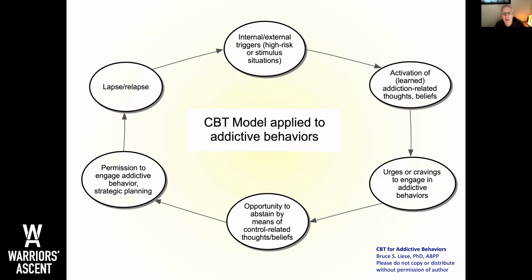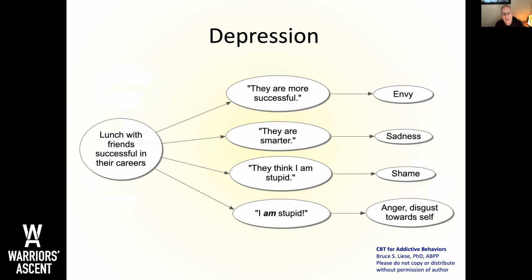But you can see how each thing that leads to the other can turn into one big vicious cycle. Just giving yourself permission on the lower left-hand oval, and then having a lapse can result in something that turns into a relapse, which can be the new trigger for more problems.